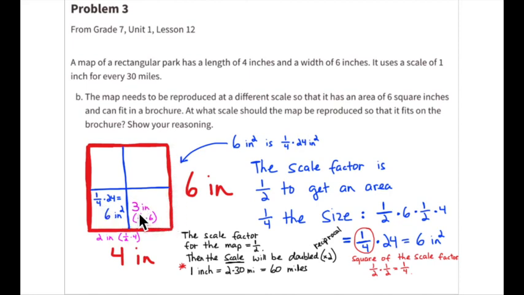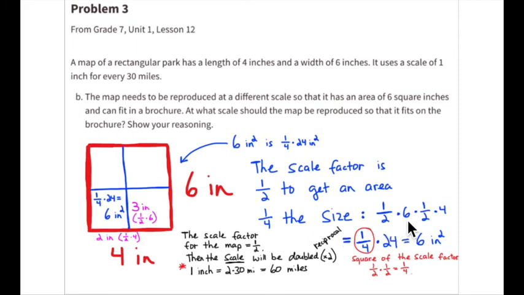So this is 3 now, so the scale factor is 1/2. 1/2 of 6 is 3, and 1/2 of 4 is 2 to get to this 1/4. A couple ways to get at that. The easiest way probably is to realize that it's 1/4 and divide this into 4 equal parts and write down the width and the length. All right, the scale factor is 1/2 to get to an area 1/4 the size.